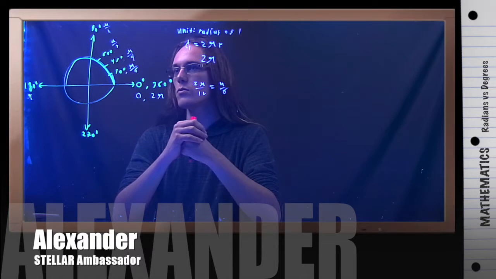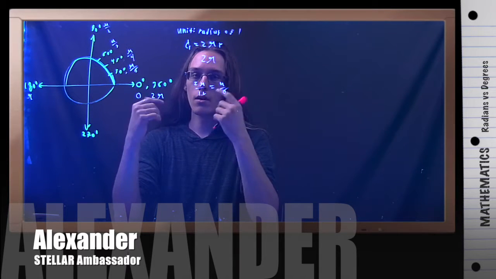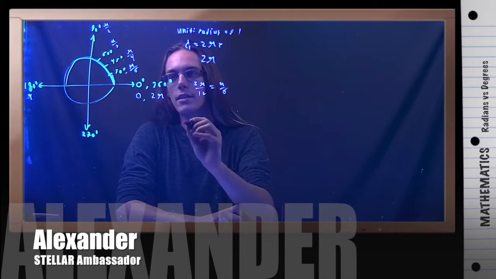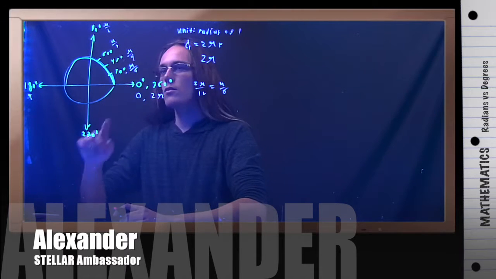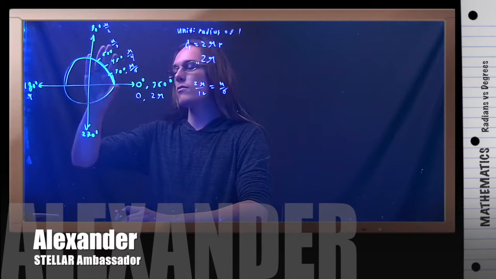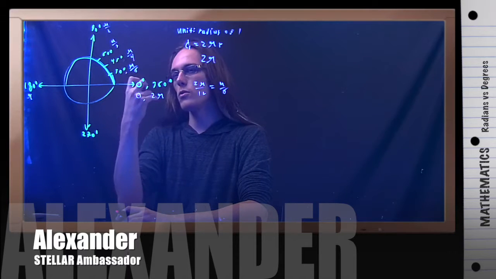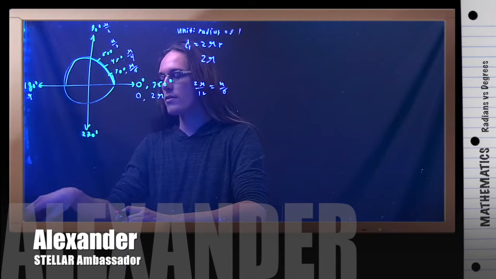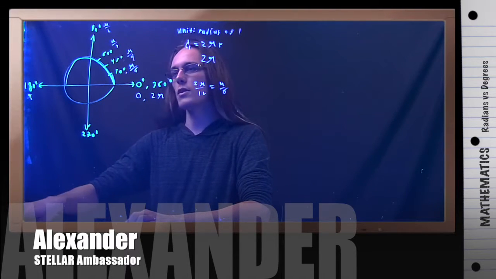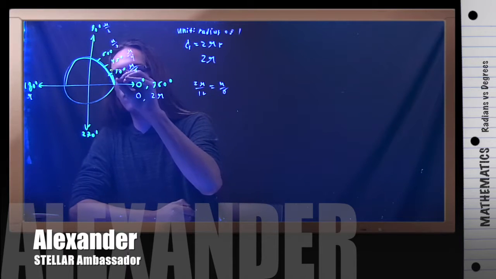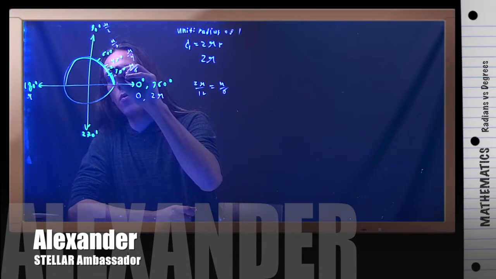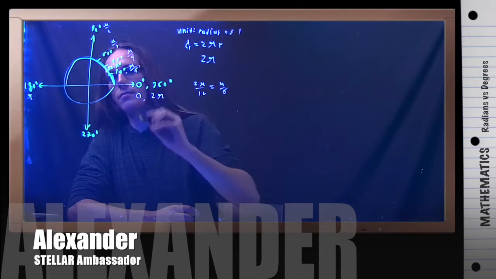Now, of course, it's very useful to be able to convert between them. I'm just giving you these to memorize, and if you had the rest of the unit circle, you would usually just use those or derive them. But what if you have some really weird degree like 42.7 degrees?